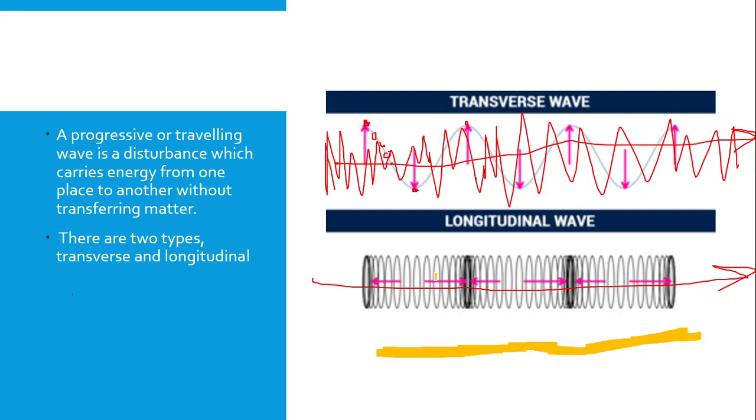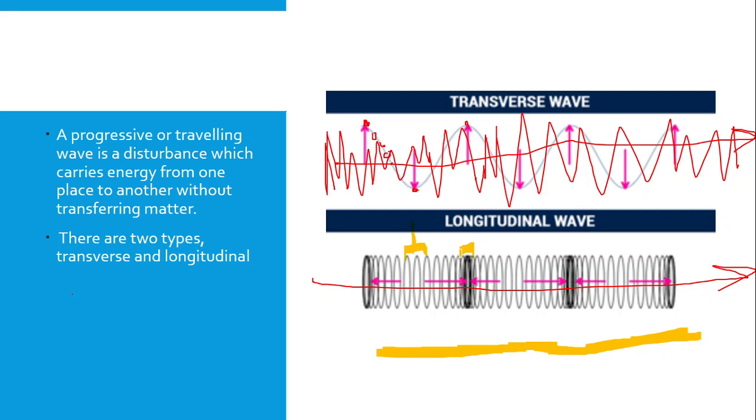As you can see, there are areas where the spring coils are closer to each other, or mushed together, and then there are areas where they aren't that close together. In this area, the distance between the two coils is maximum, and in this area, the distance is minimum, and they're just touching each other.